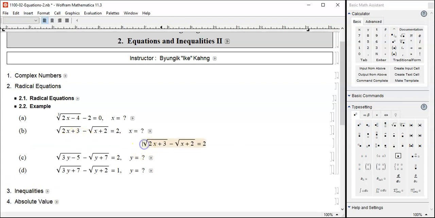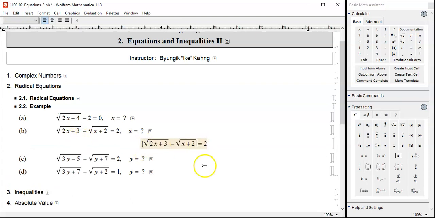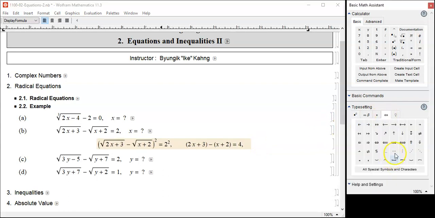So take the square of both sides. Okay, take the square, so we have 2x plus 3. And then take the square here, x plus 2, and that's equal to 4, and so on and so forth.